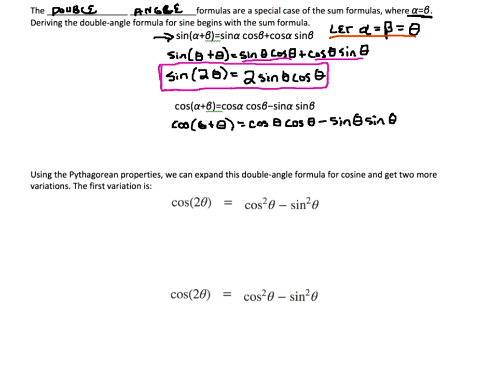When we multiply something by itself, that is simply squaring it. So the cosine of a double angle is cosine squared theta minus sine squared theta. And that is our cosine double angle formula.